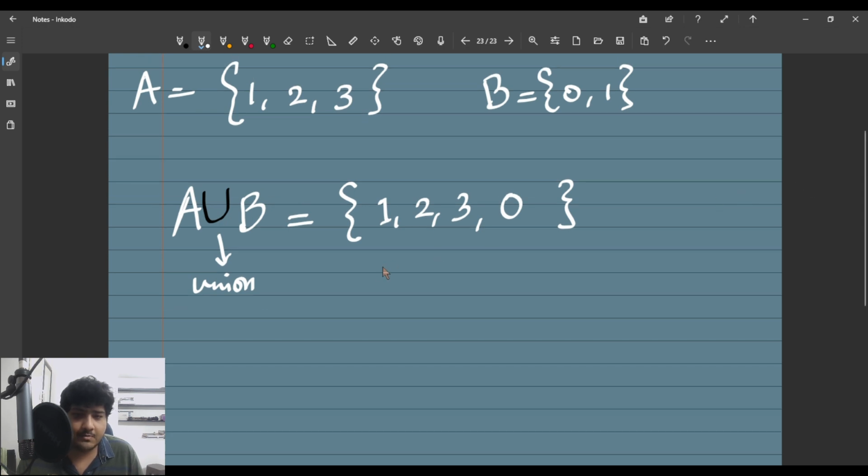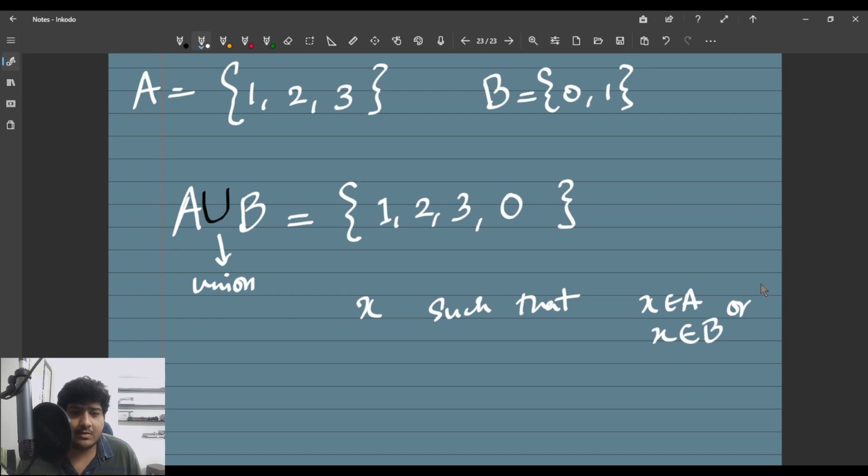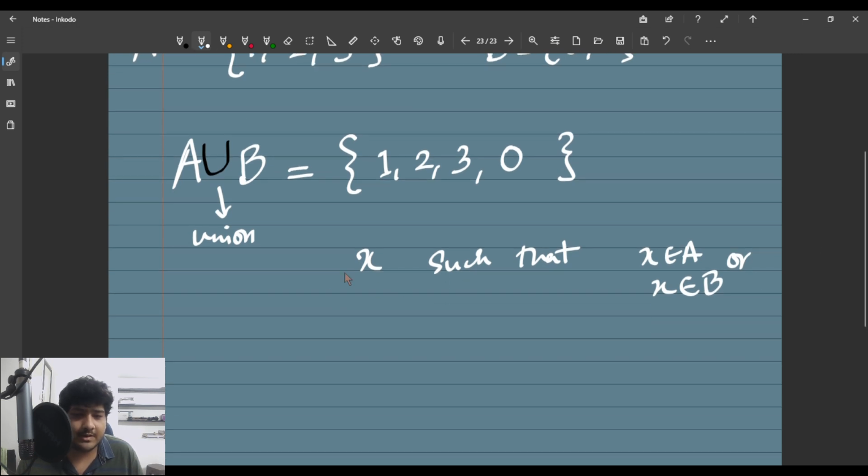How do you properly define what a union is? A union B is the set of all elements, say X, such that X belongs to A or X belongs to B. So now you should know the meaning of this statement I just made.